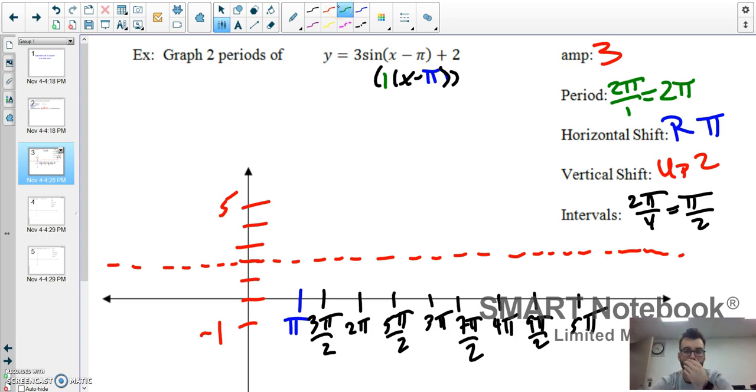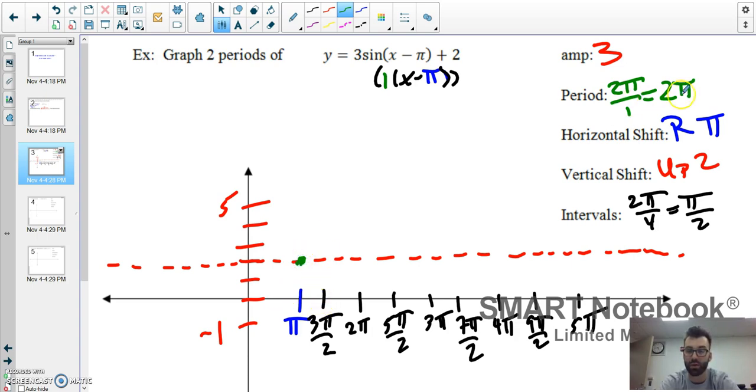So now, I refer to the midline all the time. In our previous examples, our midline has been the axis, and sine always started at our axis. Well, now, since we had a vertical shift up 2, sine is going to start on our new midline, which is right at 2.